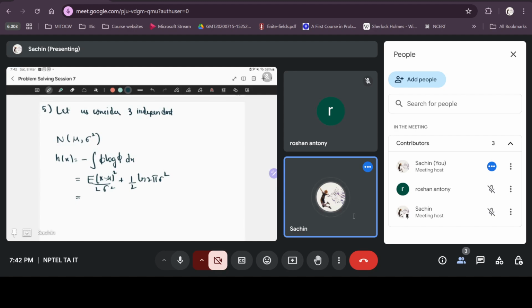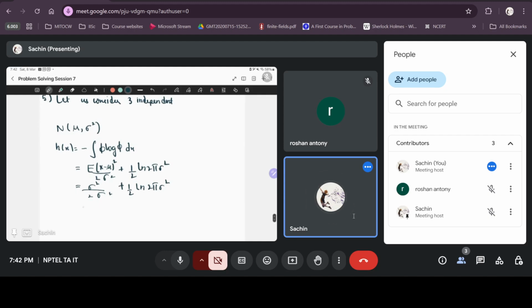So this is equal to sigma square by 2 sigma square plus half log 2 pi sigma square. So this is just again half plus half log of 2 pi sigma square. Or you could write this as log e and take it inside the other log. So you'll be left with 2 pi sigma square e. So changing the mean doesn't change the entropy, differential entropy.